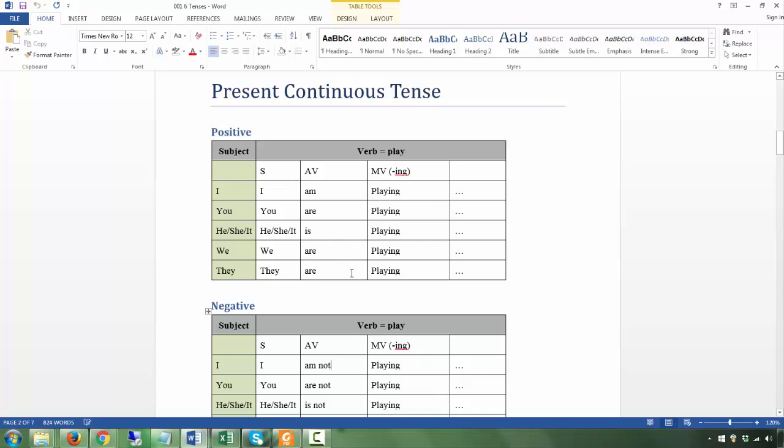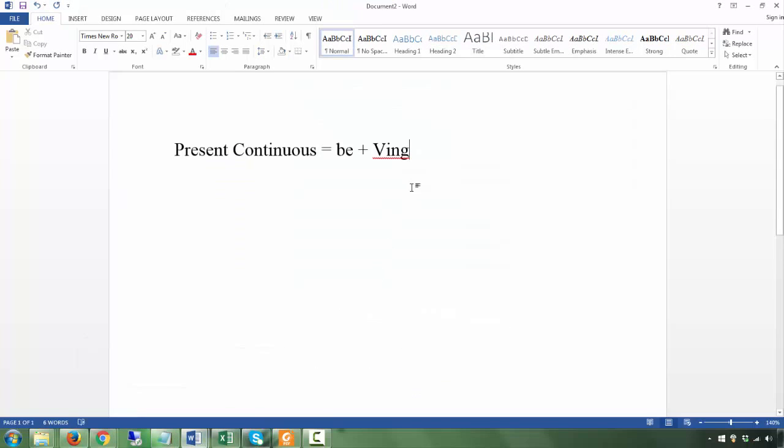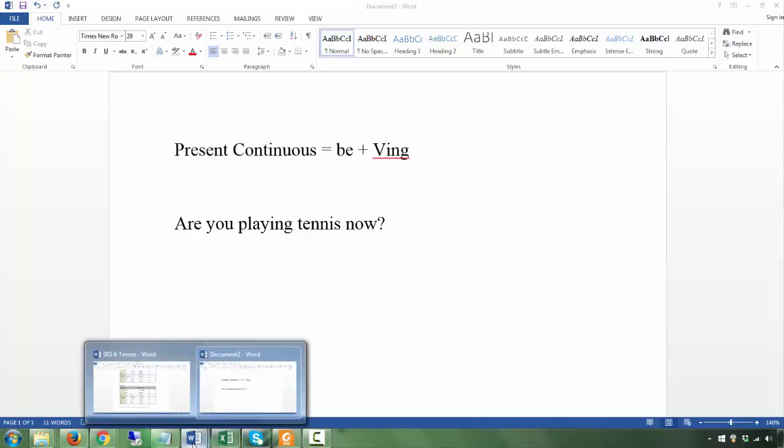When you go to the question form, the question could start with your verb. For example, are you playing tennis now? Are you playing tennis now? Yes. Are you playing tennis now? You see the way we create it.